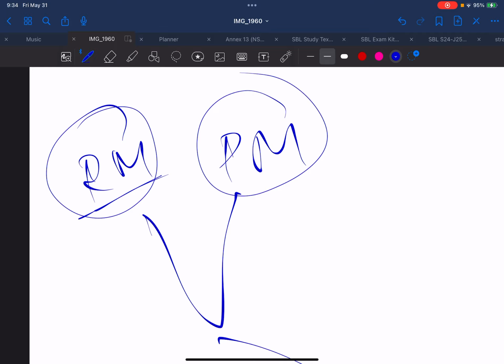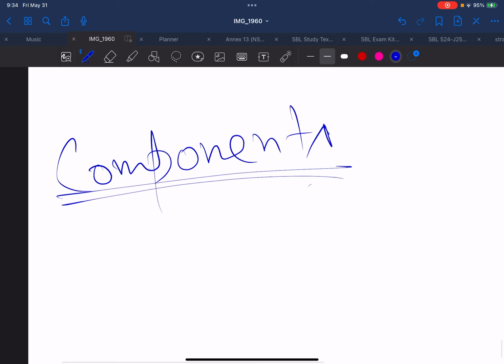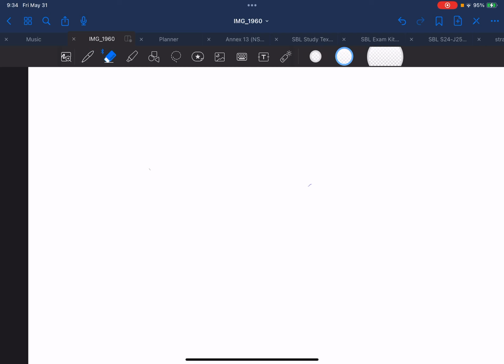We are going to talk about this in more detail in this video, and if we have time, we will talk about the components also. By talking about these two important points, we will easily figure out the components of PAA.